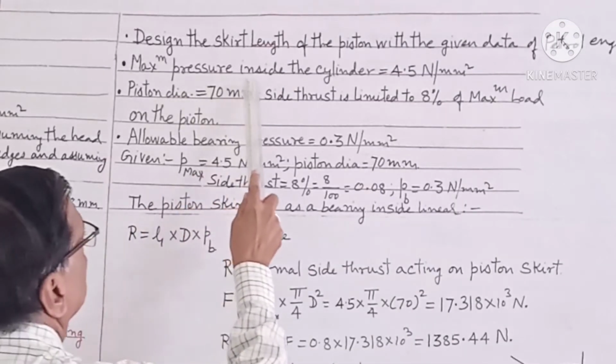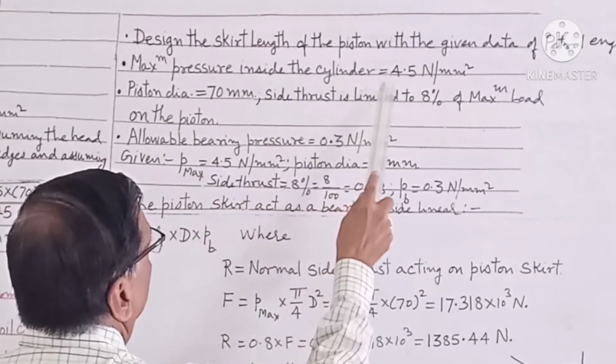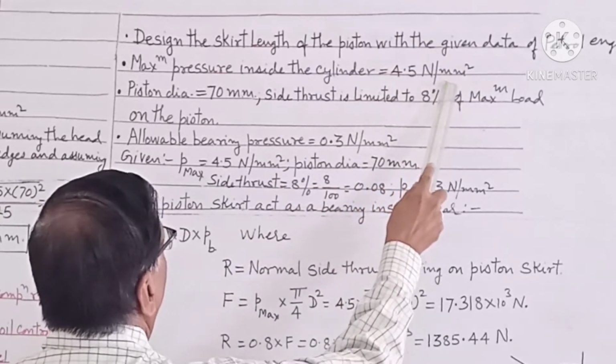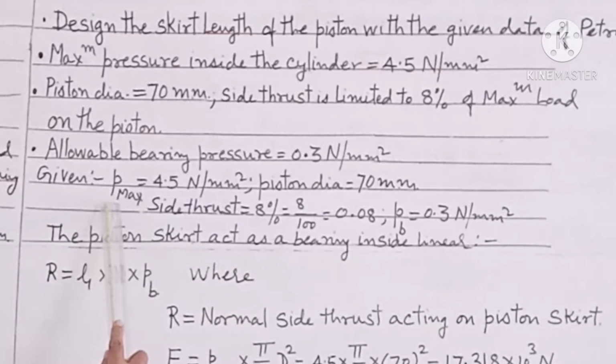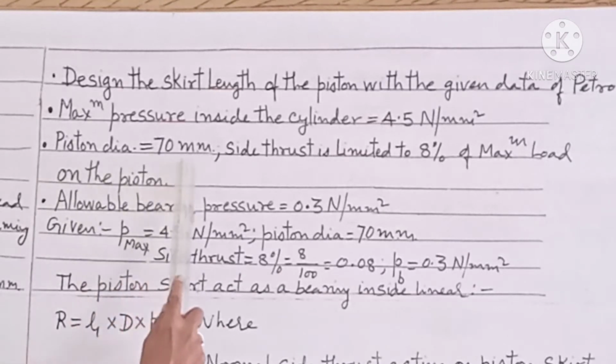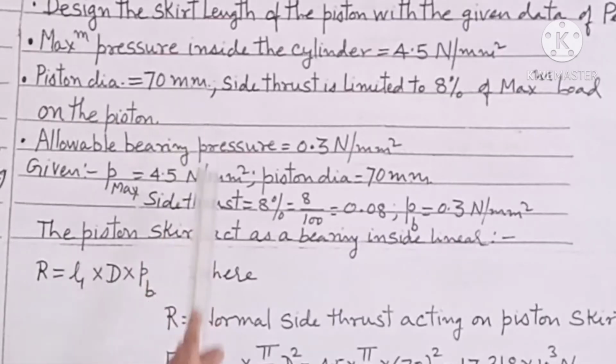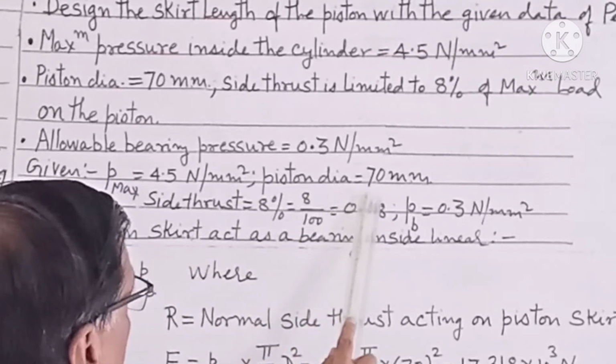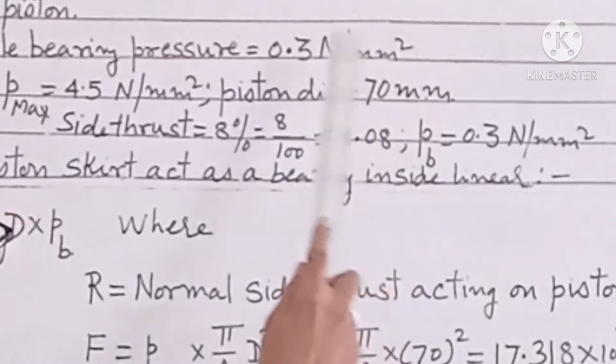Maximum pressure inside the cylinder is equal to 4.5 Newton per millimeter square, means P maximum is equal to 4.5 Newton per millimeter square. Piston diameter is equal to 70 millimeter.